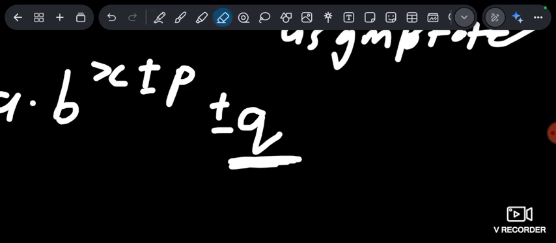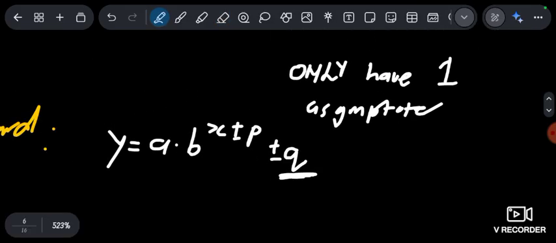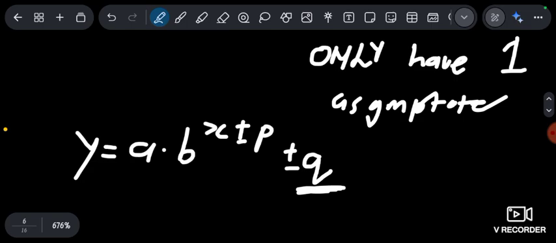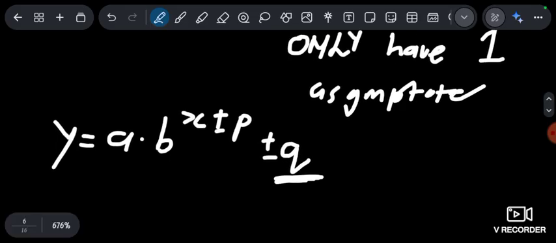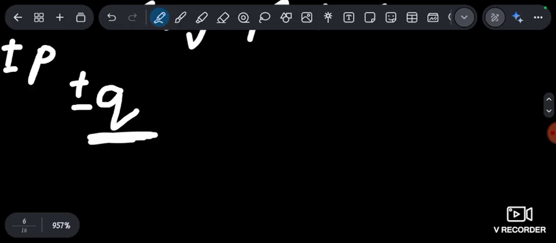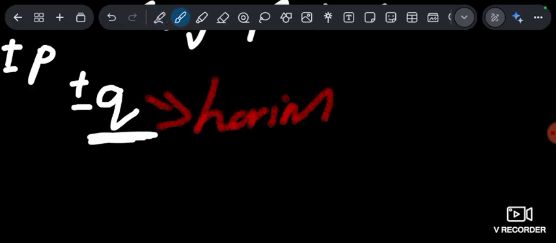And then p will do the same job it does on a parabola and on a hyperbola. In terms of a hyperbola, we know that it does shift the graph left or right, but we know that it does not touch. That is why we call it a what? An asymptote. An asymptote is the line in a graph that the graph does not touch, right? Now here, which one is the asymptote? We're only going to be speaking about this one in terms of asymptote, which is the horizontal asymptote.